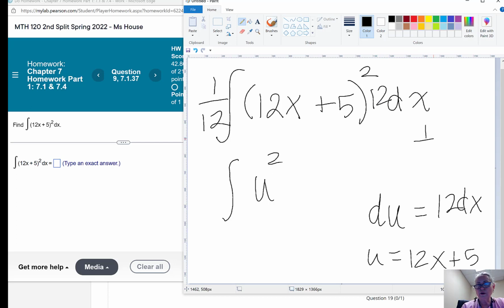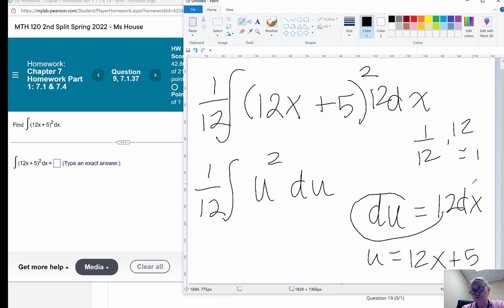Because what's 1/12 times 12? Well, that's just 1. So that I can have a 12 dx, I put a 1/12 out here. So I need a 1/12 here, and then I can write du. Because what is du? It is 12 dx. So if I put a 12 here, I've got to take out a 12 here.